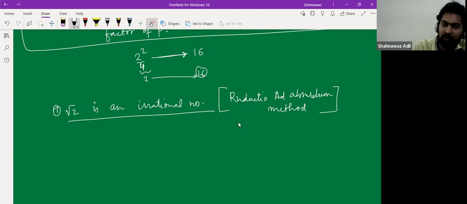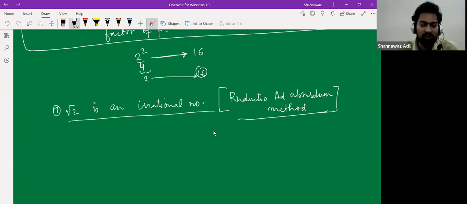In this method, we assume the opposite. We want to prove that root 2 is an irrational number, so we will assume that root 2 is a rational number.